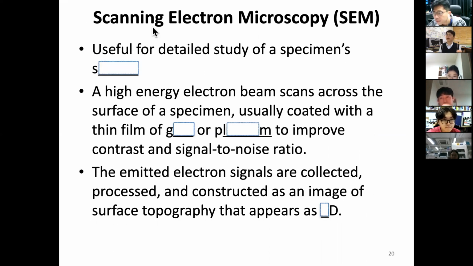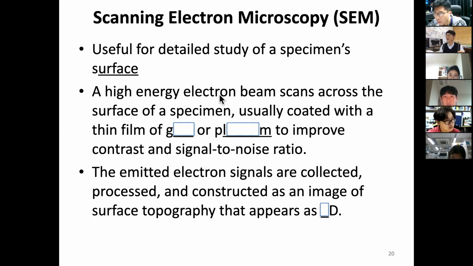What about SEM, scanning EM? Useful for detailed study of specimens. SEM is watching only at the surface, okay? A high-energy electron beam scans across the surface of the specimen, and you can't use just a typical specimen. You know, I prepared some for EM. You have to cover it with gold, okay, expensive gold coating, because of that, you can actually take an image.